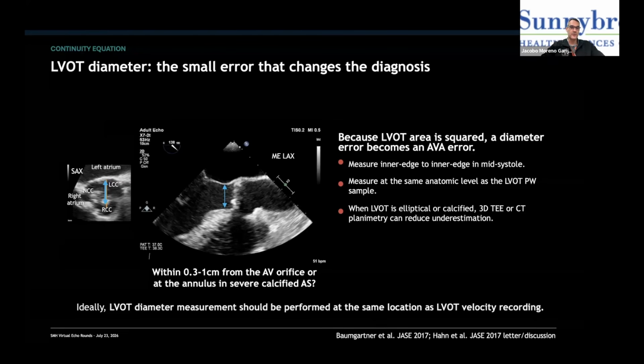One of the questions was, should we measure it at the level of the annulus when the valve is so calcified, which was the proposal from Dr. Hahn. The answer basically is that the LVOT diameter measurement should be performed at the same level as the LVOT velocity recording. As soon as you get that, that's when the most accurate measurements quantifying aortic stenosis are going to happen.